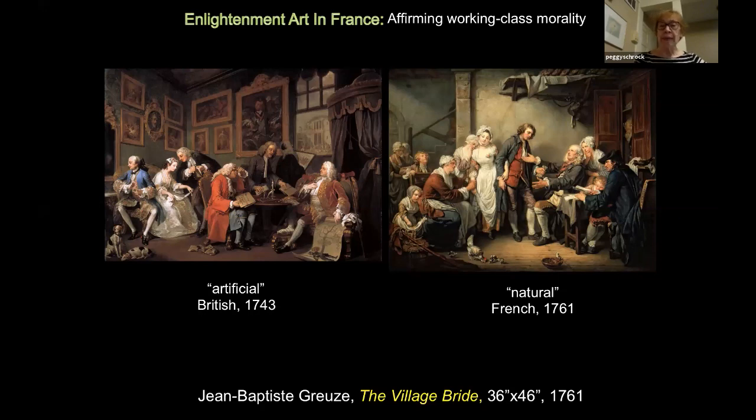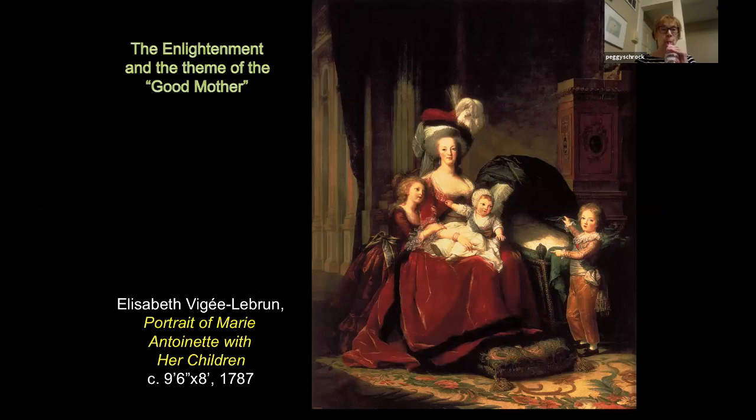That's the artificial marriage, versus the one on the right, which is the natural marriage. And it's interesting that it's the aristocrats who are doing it the wrong way, the immoral way, and they're the ones that traditionally always believed they were rich because they were good people, and that the poor were poor because they were bad people. And in this case, we see the roles being reversed, and that's very much an Enlightenment message.